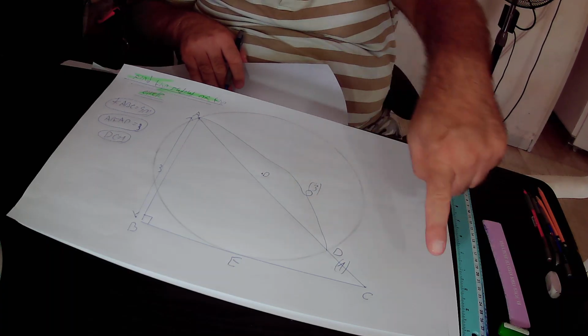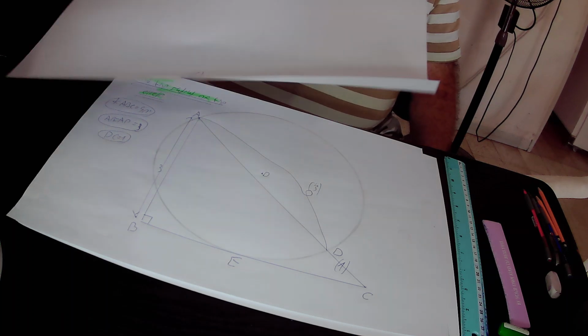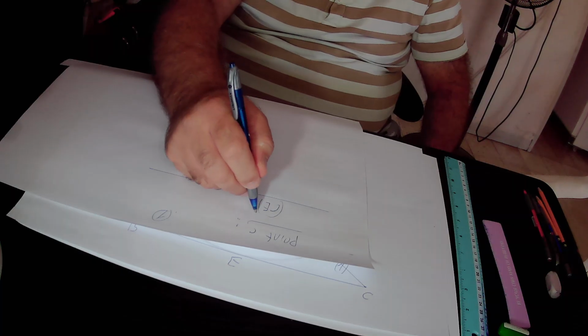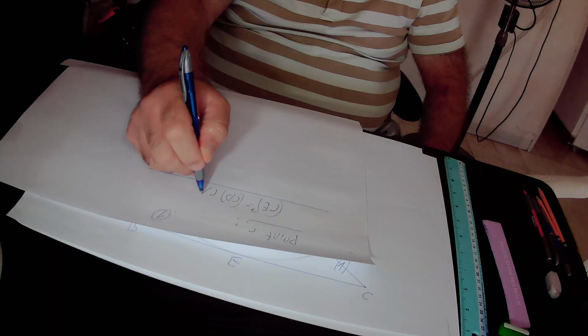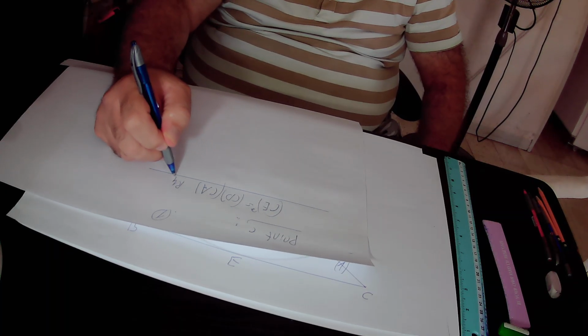Again, CE square equals CD times CA. This equation is the implementation of rule 25 in our drawing.